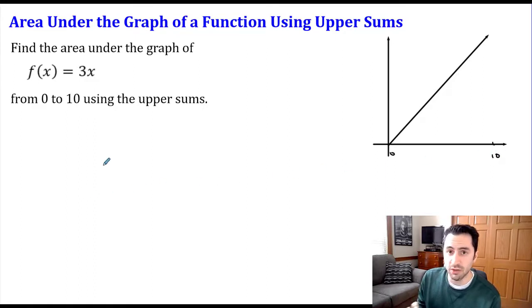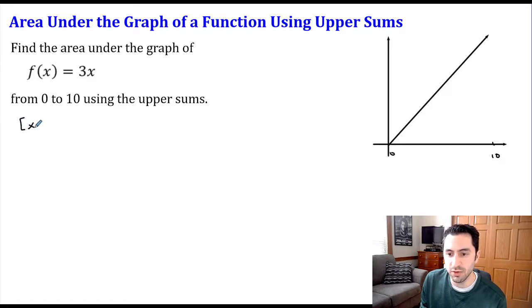It is a triangle, so we do have a way that we can find the exact area just by using a formula. But I want to go through the process of using calculus to find this area, and then we can always verify with the area of the triangle. So what we're going to do first is take our interval from 0 to 10 and split it up into an infinite number of subintervals.